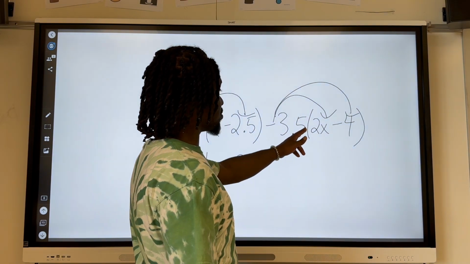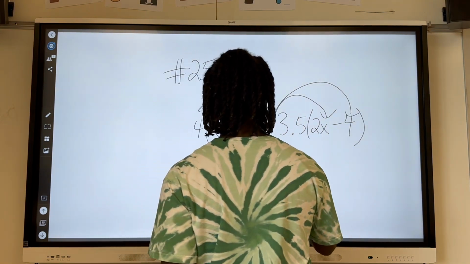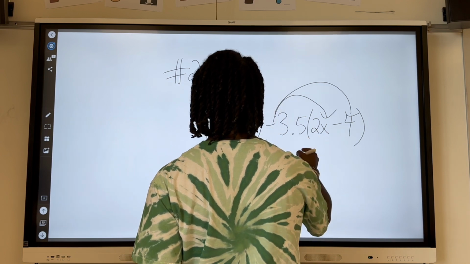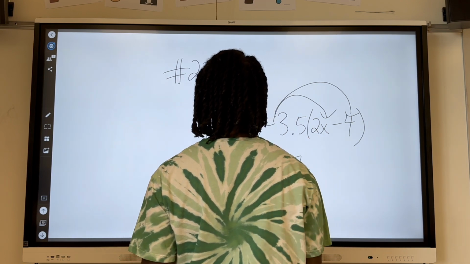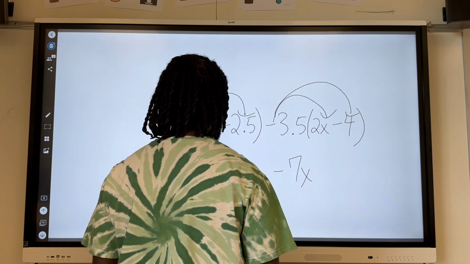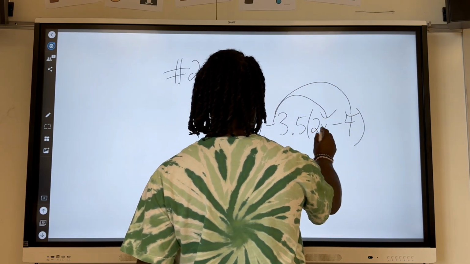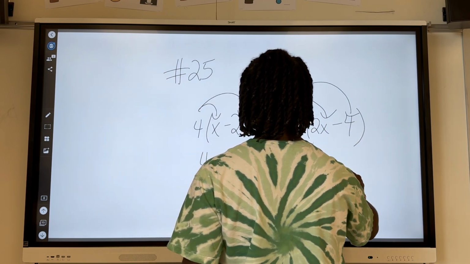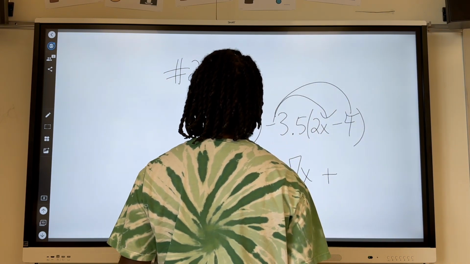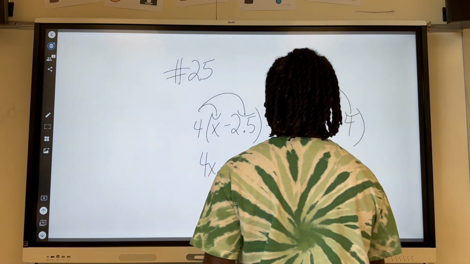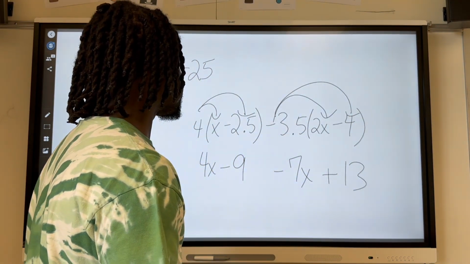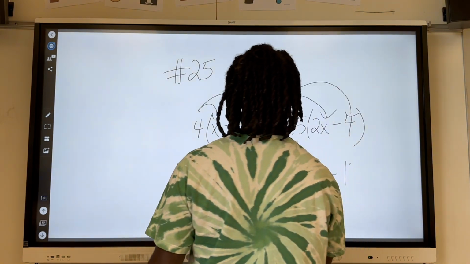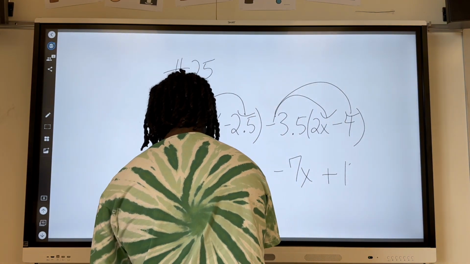Now I'm multiplying -3.5 times 2x, which is going to give me -7x, okay? And then -3.5 times -4 is going to give me a positive 13, okay? Sorry, hold on, that's not right. 12, let me just do it.